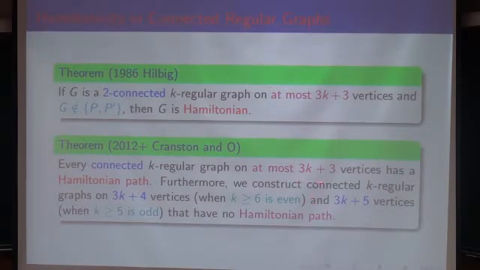When k is equal to 4, I think that you can improve this bound to 17. And when k is equal to 3, you can improve this to 14, not just 12. Probably it's not that easy, maybe.